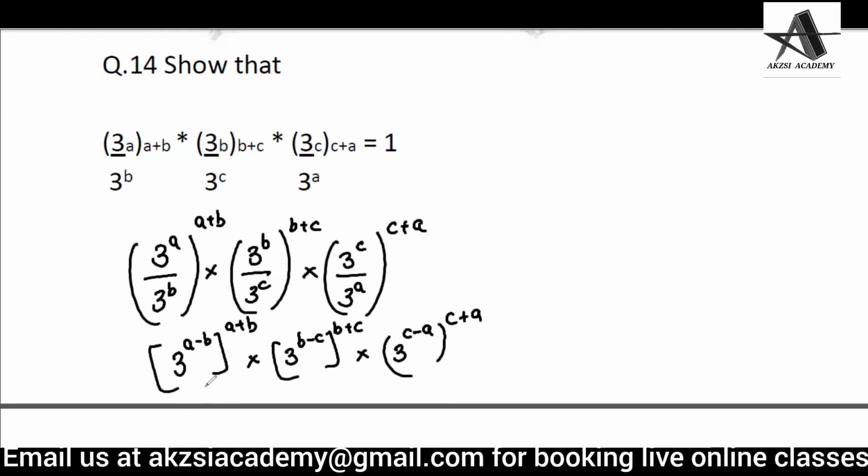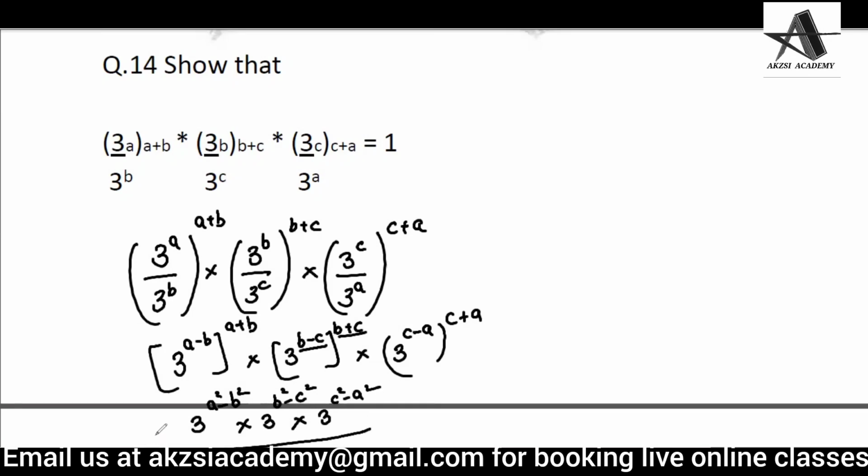a to the power of m whole to the power of n: when there is one power over another power, we multiply. So 3 to the power of a minus b into a plus b is a squared minus b squared, into b squared minus c squared, into c minus a into c plus a, which is c squared minus a squared.